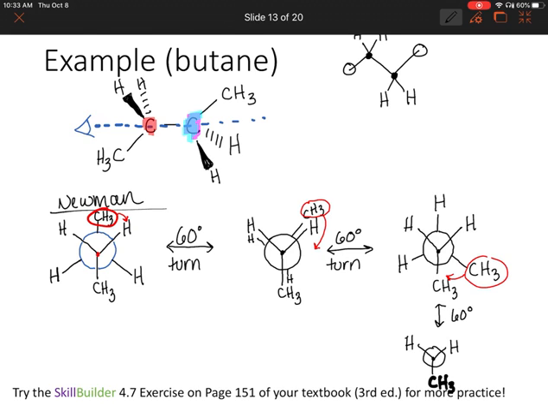So now we actually have our back CH3 group behind, and then the hydrogens are also lined up with the front carbon's hydrogens. All right, so that's another eclipsed conformation. Now let's do another 60-degree turn. So we're going to move our methyl group again on the back carbon.